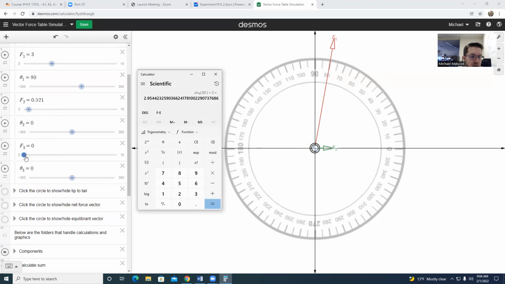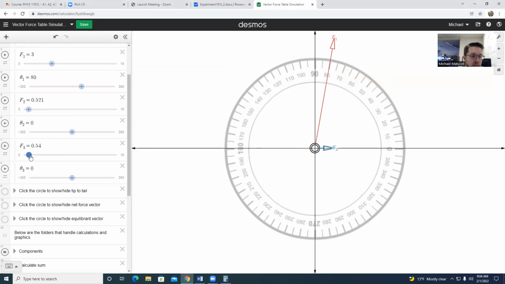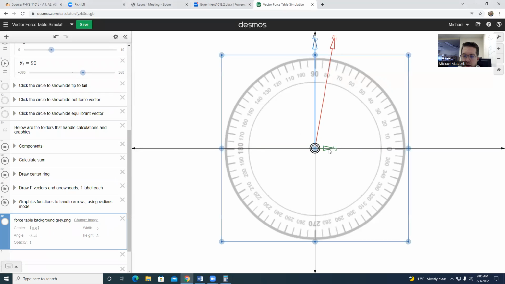So we need a vector that has almost the same magnitude as our original vector, just slightly off by a few units, 2.95. Okay, and now what angle would this vector have to be oriented at? It should be at 90 degrees. So we go 90 degrees, and now we have our two components. The green component is our x component. The blue component is our y component.